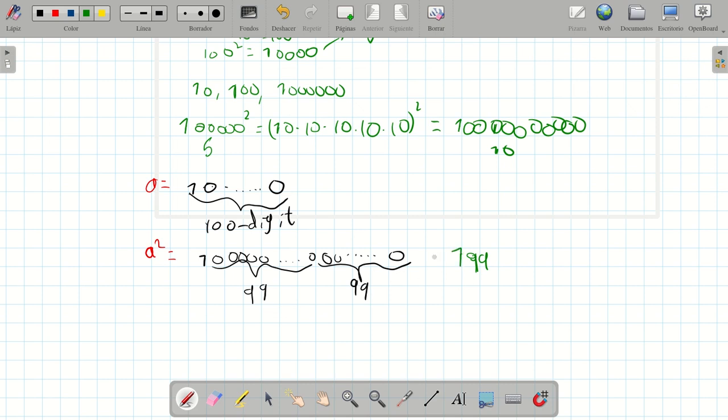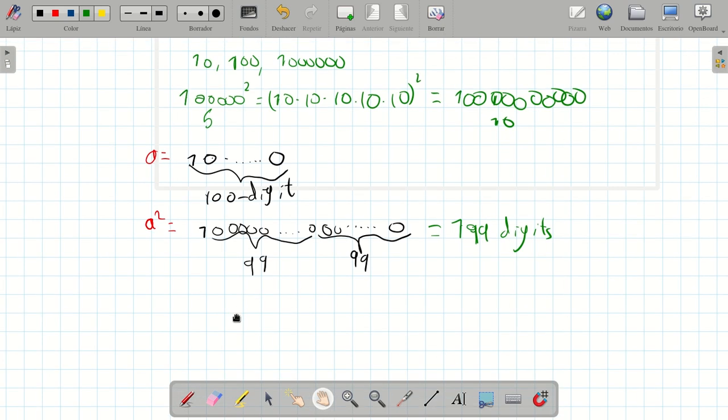So okay, 199 digits has this number. This is a very good idea for trying to solve our problem.